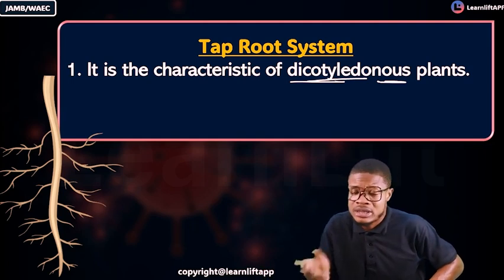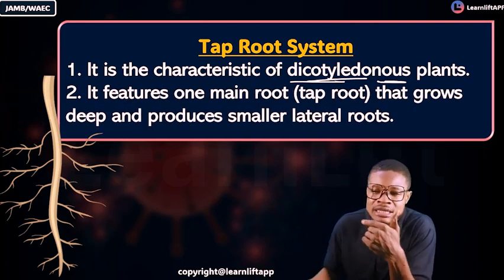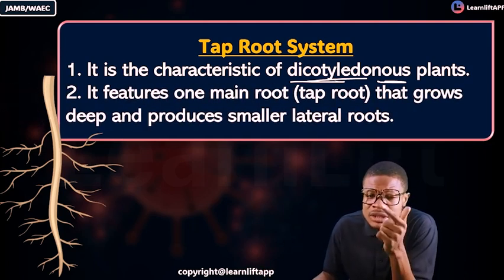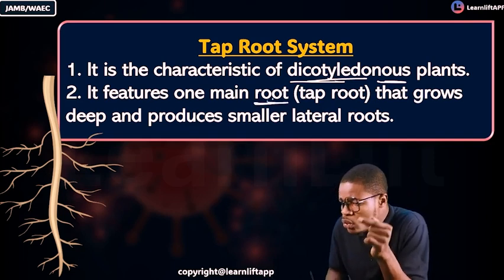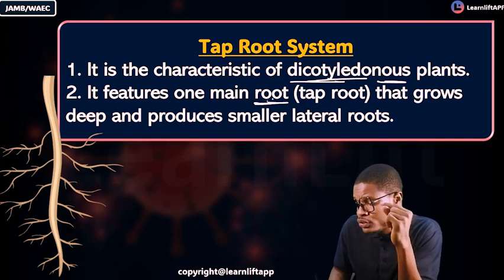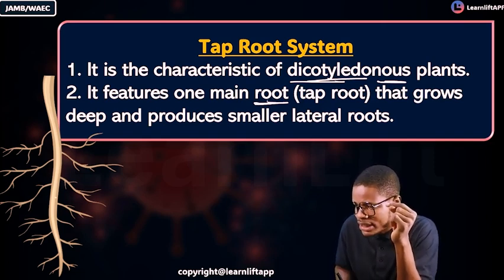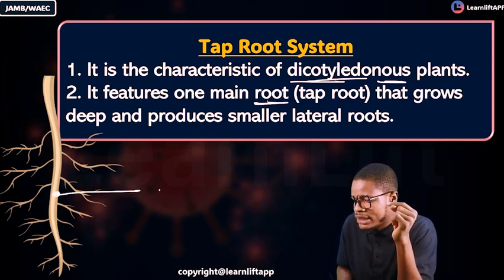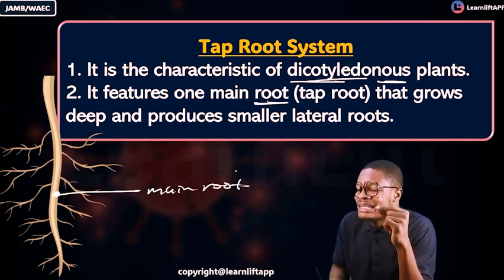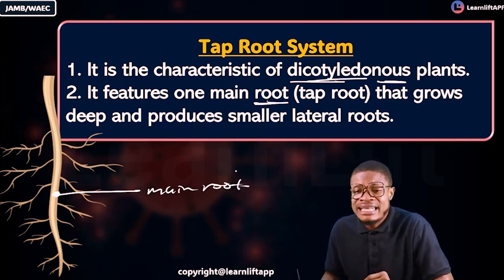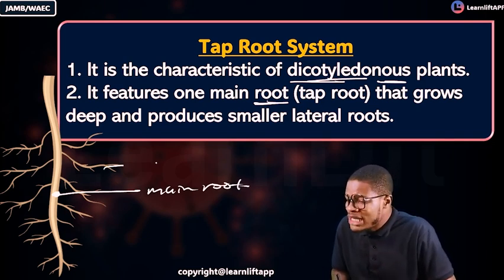Maize is under monocot. Another thing about your taproot system is that it features one main root. As this root is coming down, there is one like this. This is the main root that grows deep, and then it produces small lateral branches.